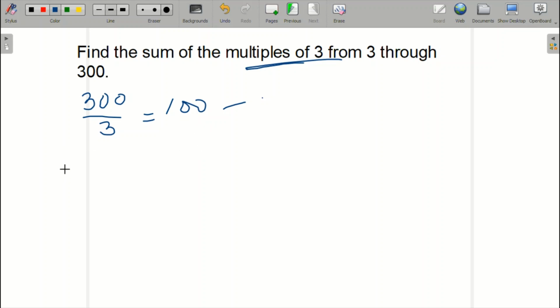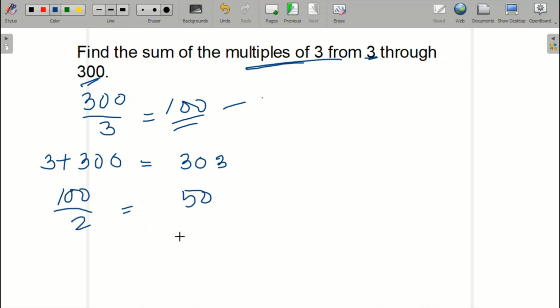The first step is we're going to add the first number and the last number. So 3 plus 300 is equal to 303. Next, we're going to get now the pairs of numbers. So we're going to use this 100. So 100 divided by 2 is 50.